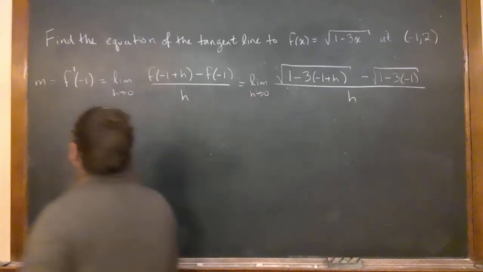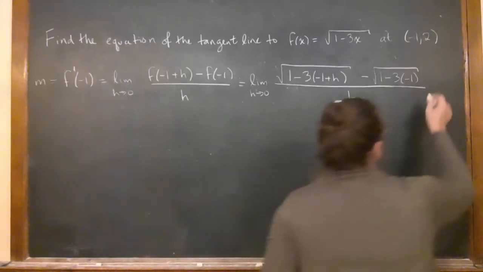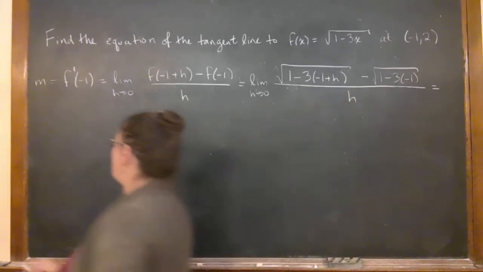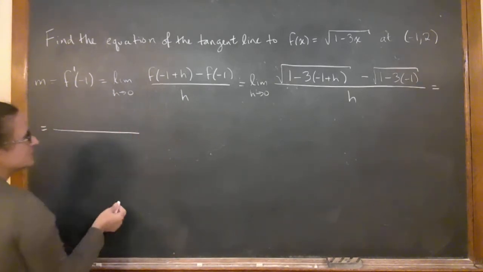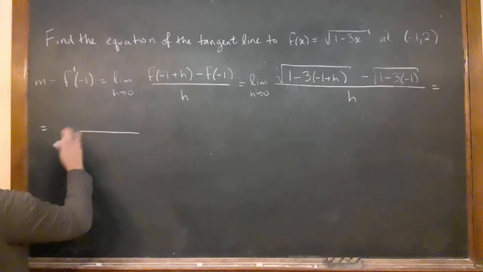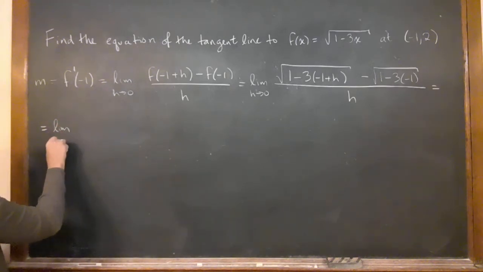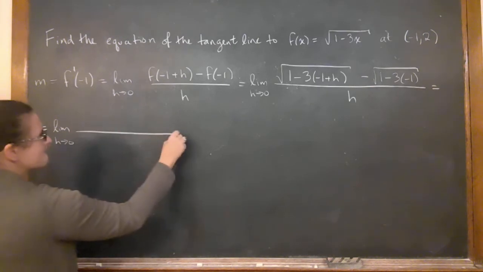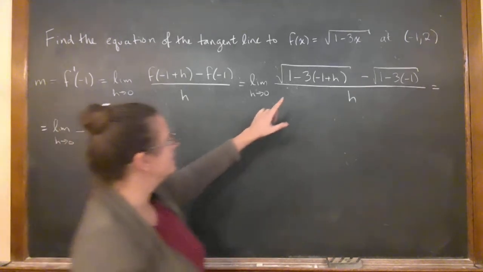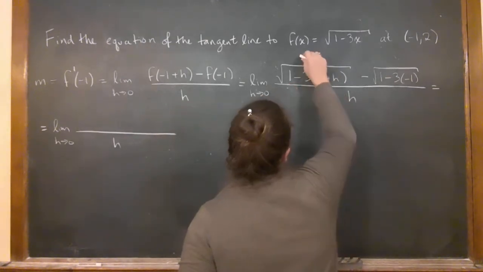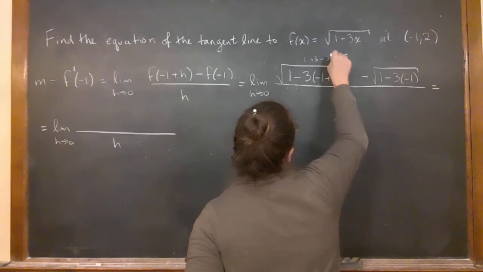Okay. So now you have this business, which also kind of looks familiar because we did a similar one. Not the same one, but something similar. So if I work this out, this is 1 plus 3 minus 3h, right?